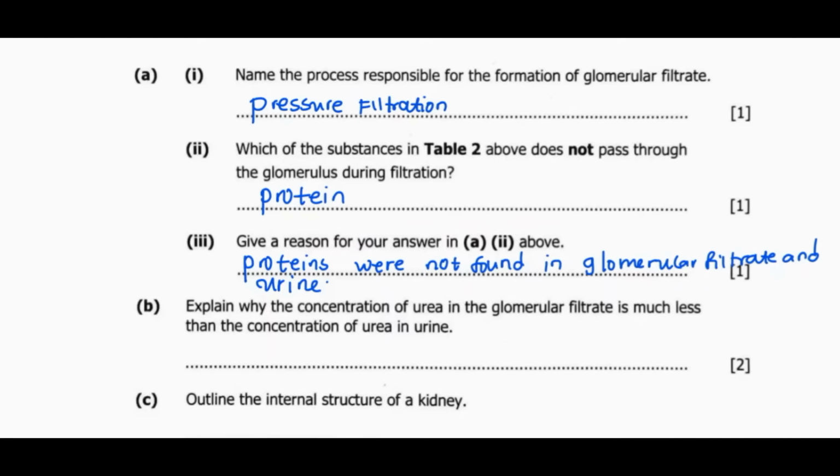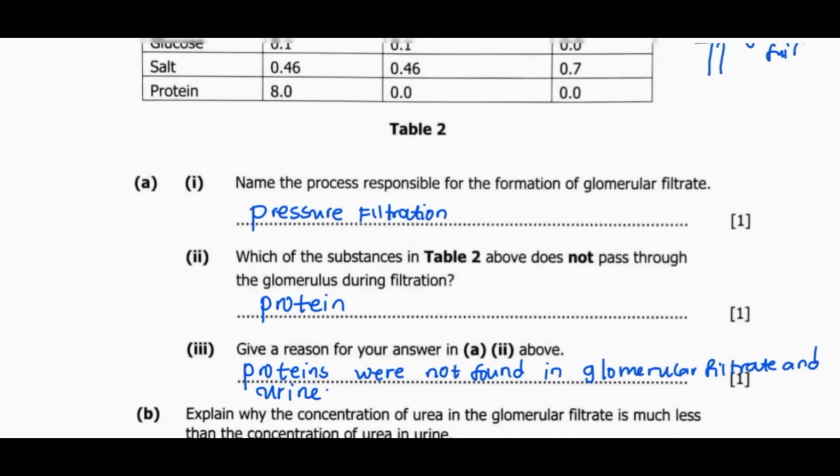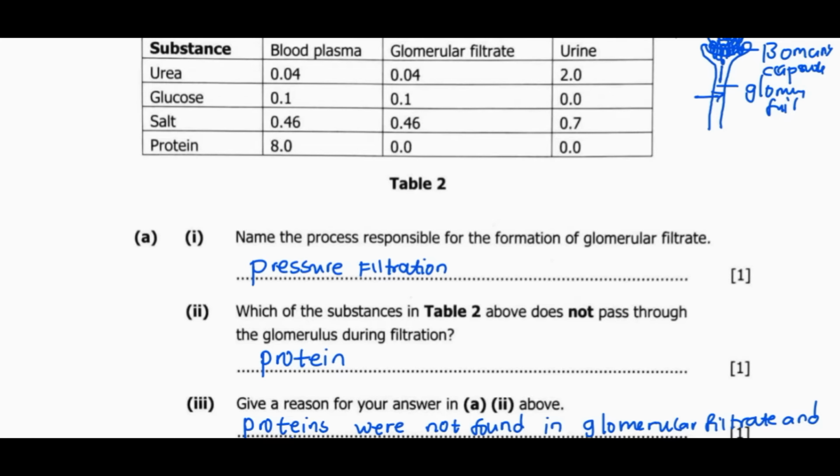Now for question B, explain why the concentration of urea in glomerular filtrate is much less than the concentration of urea in urine. Let's look: in the glomerular filtrate we have about 0.04. Then in urine we have 2.0.